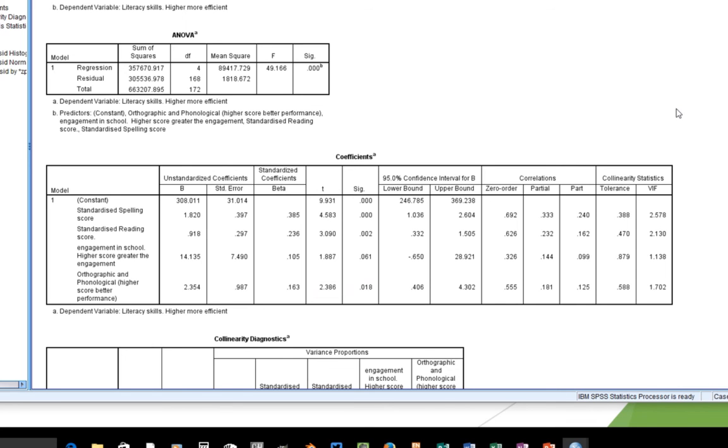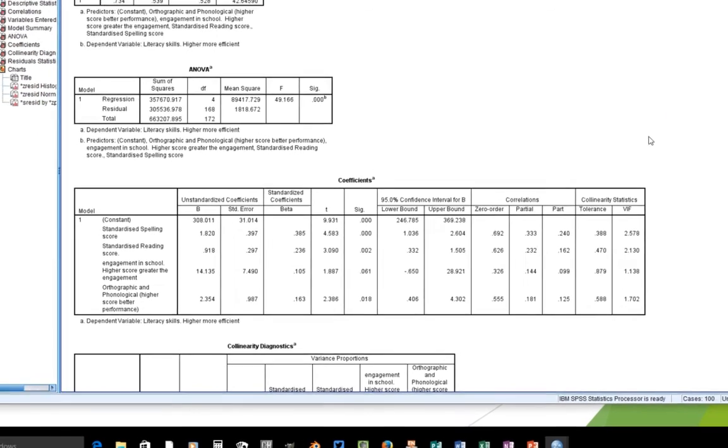So I've got three significant predictors. Strongest unique association belongs to spelling. The next one is reading, followed by cognitive skills. Engagement is not significant. And because my assumptions are met, I'm reasonably confident of these results, but I still want to check for individuals that might be influential.